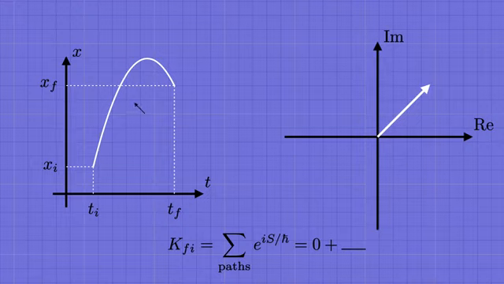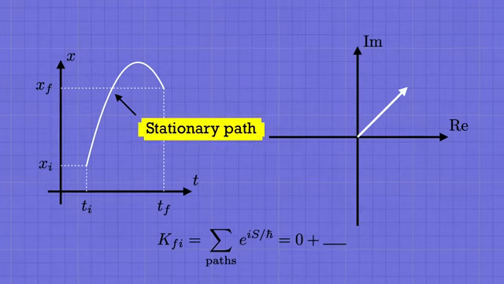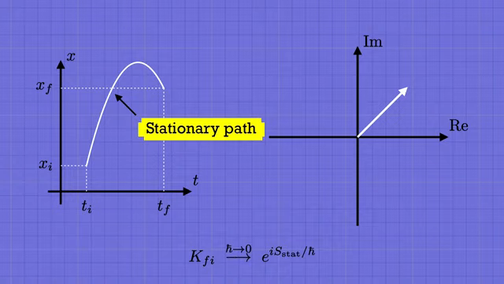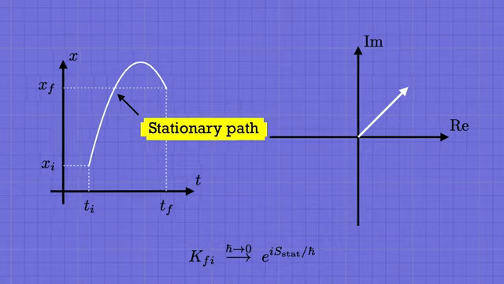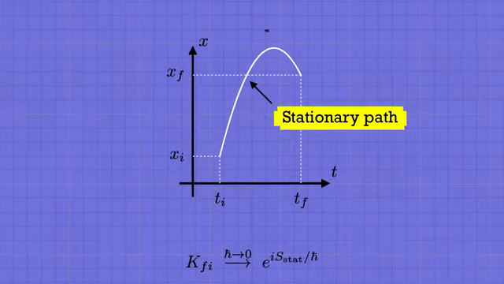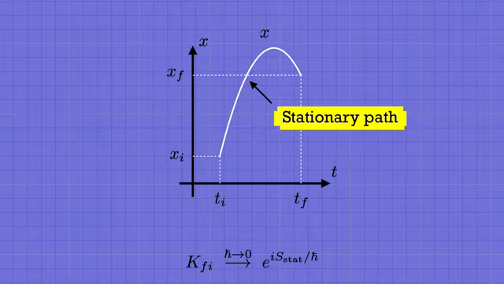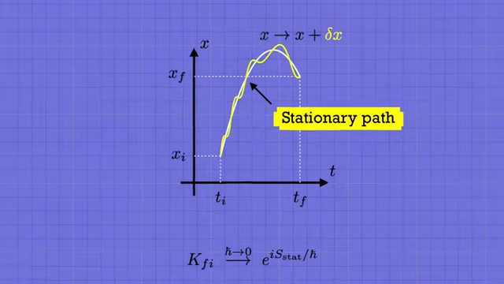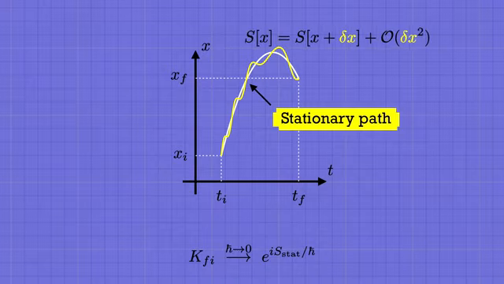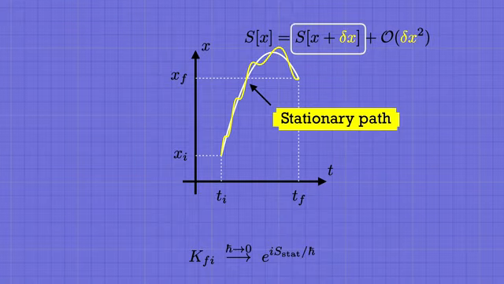A special path like this, where the action is approximately constant for any nearby trajectory, is called a stationary path. And those are the only contributions that survive in the limit when h bar is very small compared to the action. What that means is, if you start from a stationary path, x of t, and you make a tiny variation of it by adding some little wiggles, say, then the value of the action is the same for the new curve as it was for the old one, at least to first order.